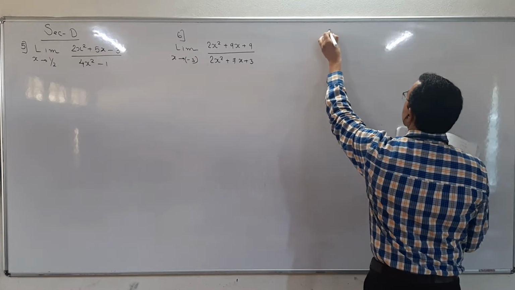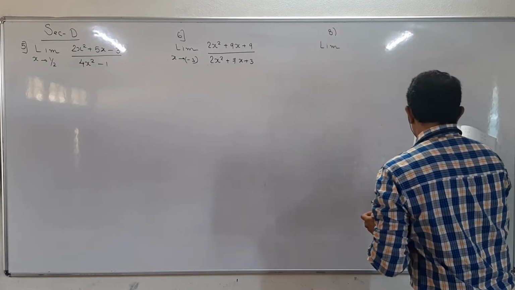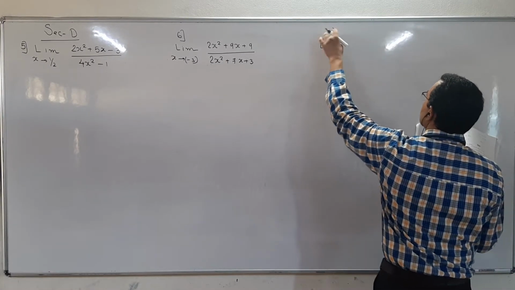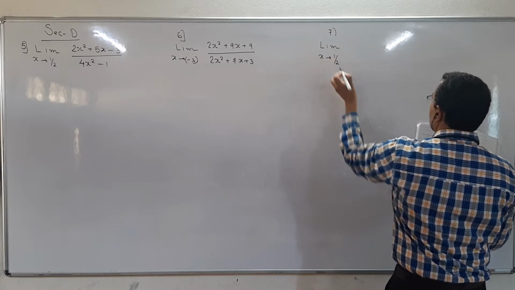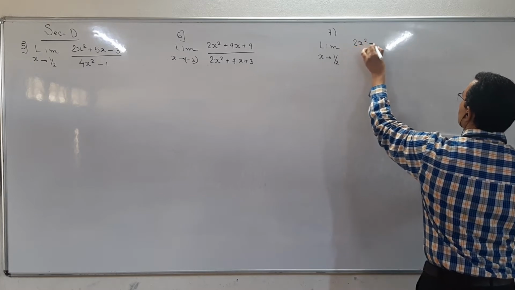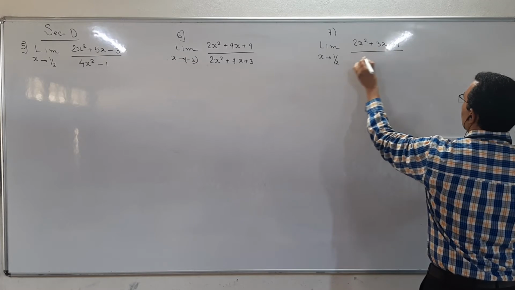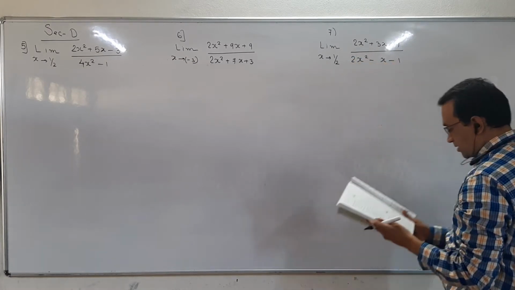Then I am writing the 8th sum. Limit x tends to 1 by 2, twice x square plus 3x plus 1 upon twice x square minus x minus 1.